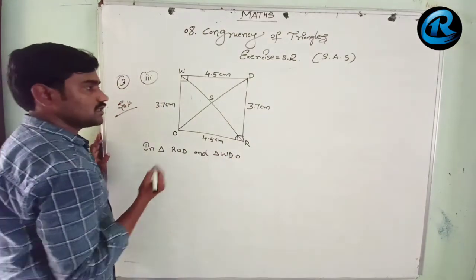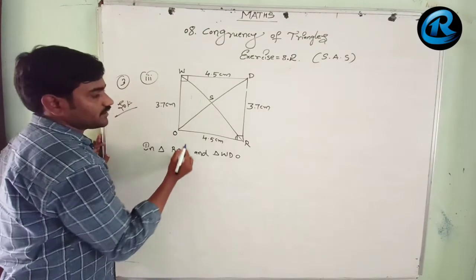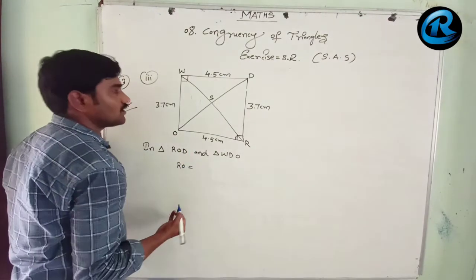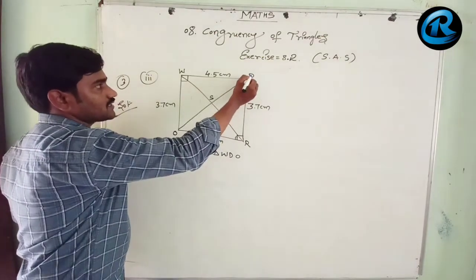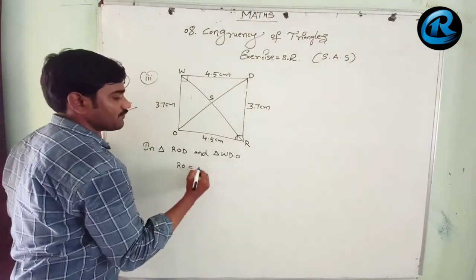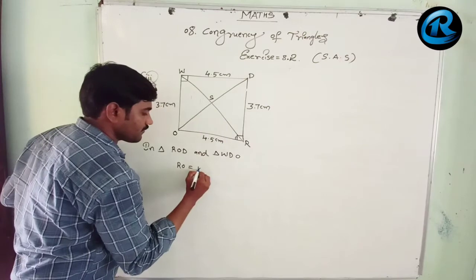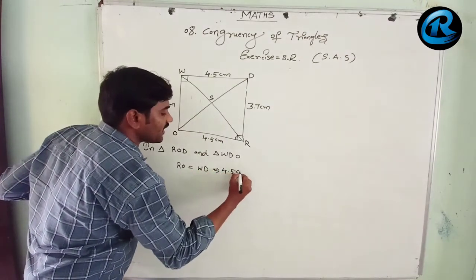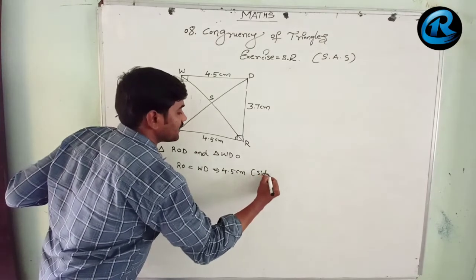In these two triangles, what can we say? RO is equal to DW, that equal to 4.5 centimeter. It is a side.